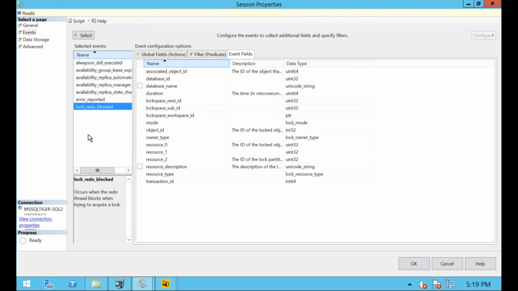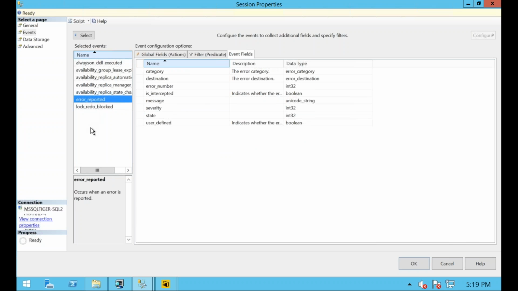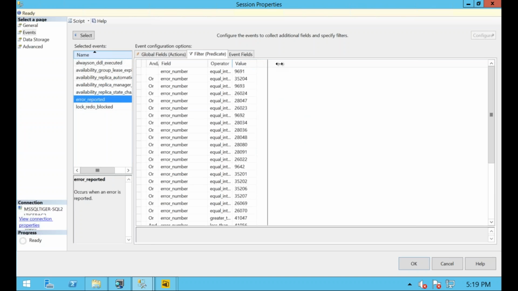If that's the case, then you will find that your secondary replica is not able to stay up to date with the primary replica because the redo thread is blocked while trying to apply the logged operations against the database. And if any errors have occurred, we obviously don't capture all the errors. You can go through the error list to find out what specific errors are captured. For example, 823, 824, which are related to database consistency issues.